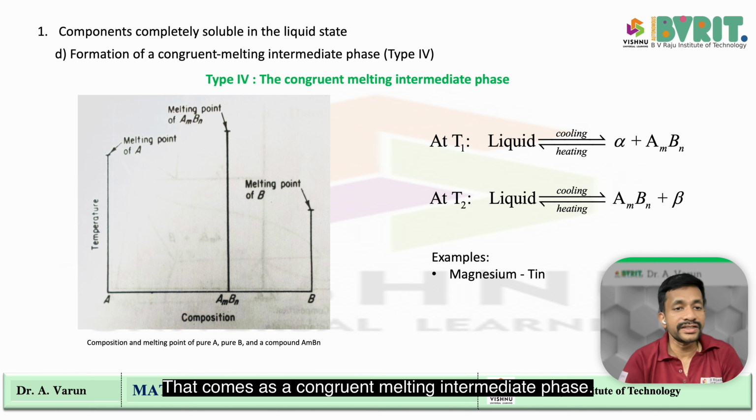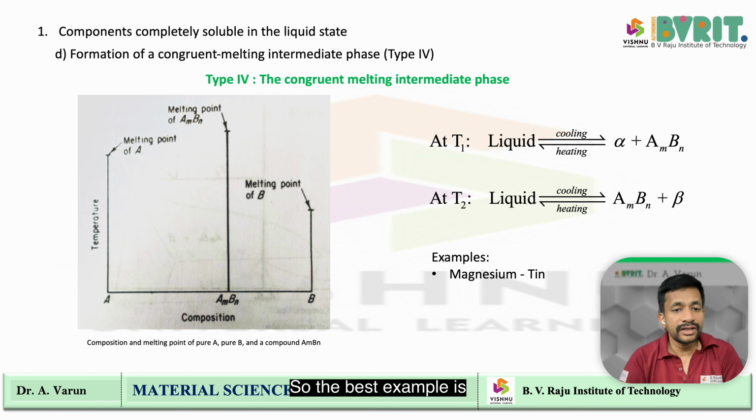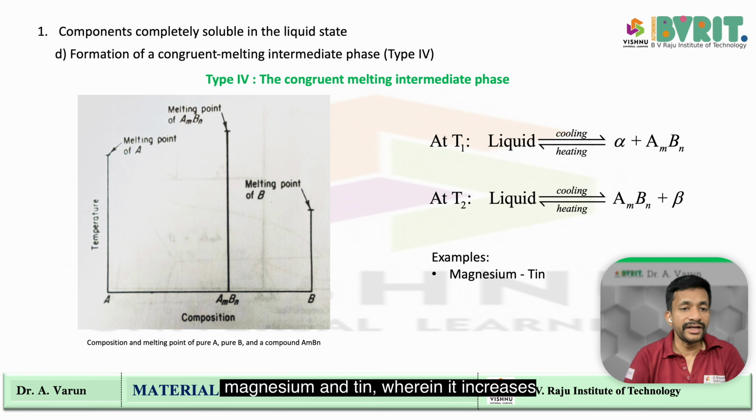That comes as a congruent melting intermediate phase. So the best example is magnesium and tin, wherein it increases and then decreases. So this is called a congruent melting intermediate phase alloy.